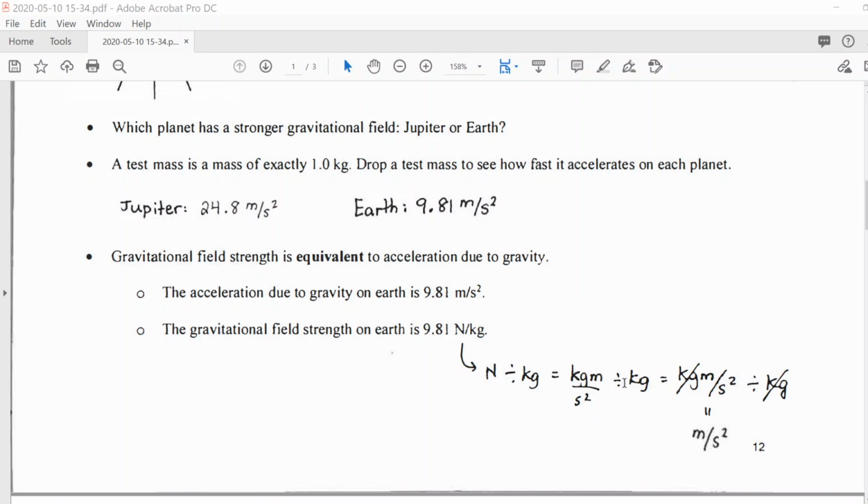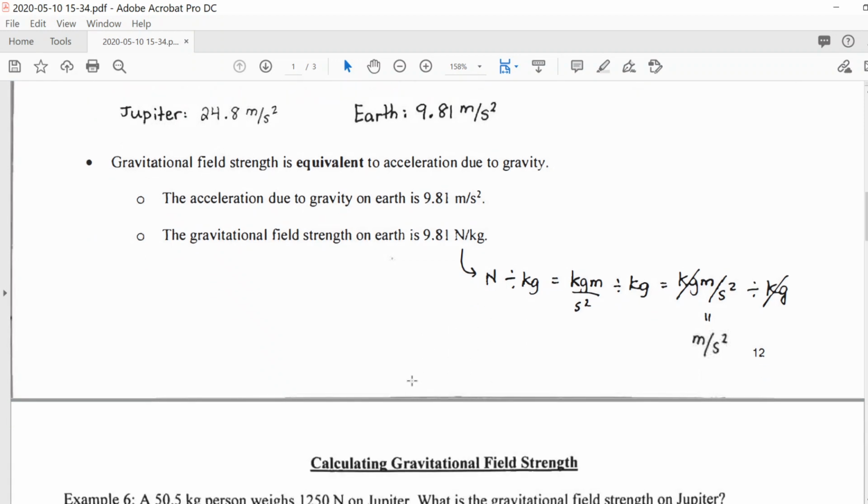And if you divide that by a kilogram, then the kilograms cancel out, leaving you with meters per second squared. So 9.81 meters per second squared and 9.81 newtons per kilogram are exactly the same thing. It's just that often when we're doing kinematics, we'll stick to meters per second squared. And when we're doing gravitational field strength calculations, we'll use newtons per kilogram instead. But you're free to use whichever one you prefer.